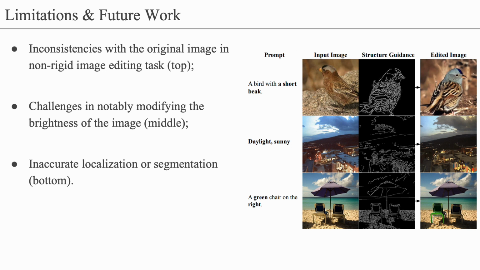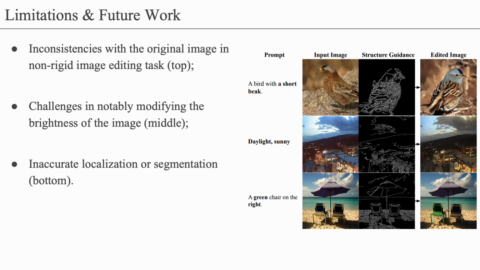We identify 3 failure cases of our method. First, the attributes of the original image are likely to be modified in non-rigid image editing. Thus, improving the capability of our method in non-rigid image editing tasks can be a potential direction for future work.